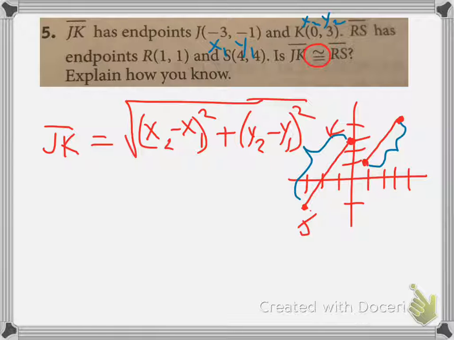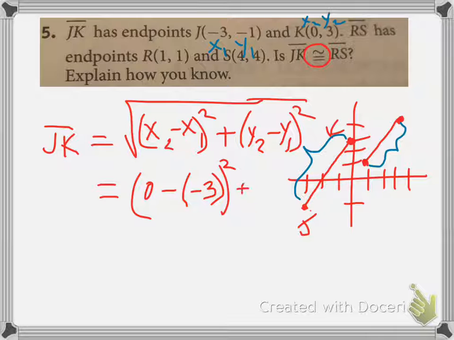So x2 is 0 minus x1, which is -3. There are two minuses, so I have to make sure I write that. Sorry for the messiness, but I don't have a stylus.